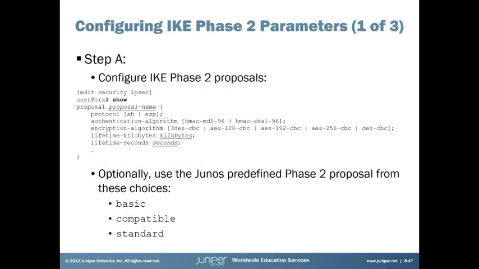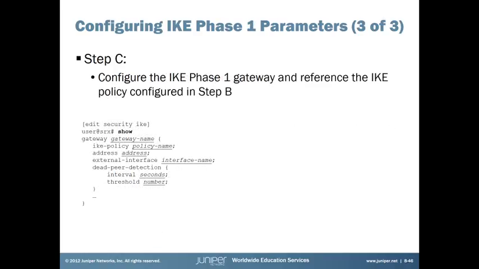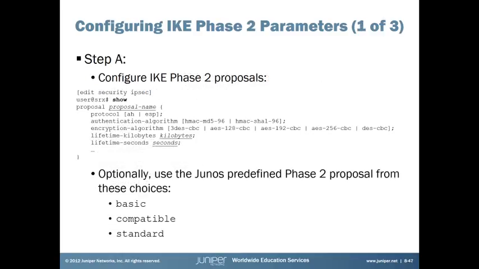Okay, so this is our phase 2, IKE phase 2. We're under the security IPsec this time. Previously we were under IKE, now we are under security IPsec. Proposal name, referencing the proposal, we're going to either say AH or ESP, most likely ESP.